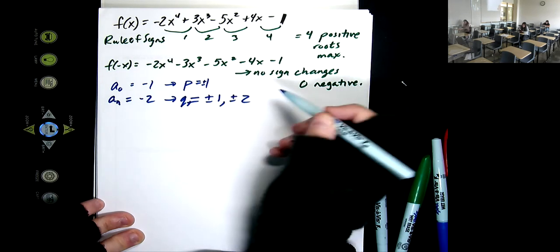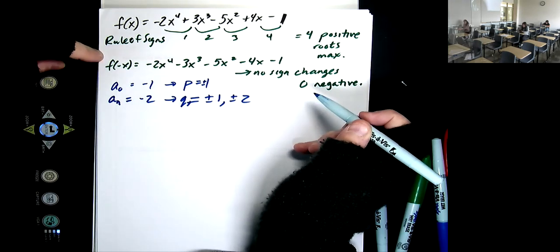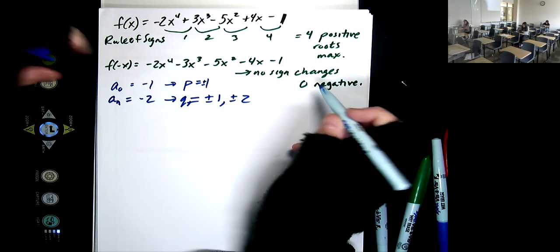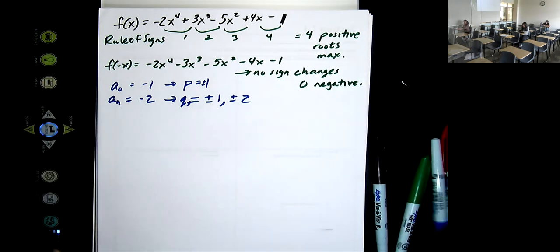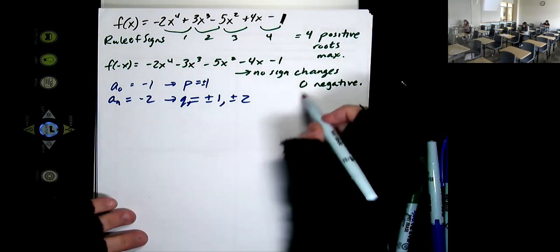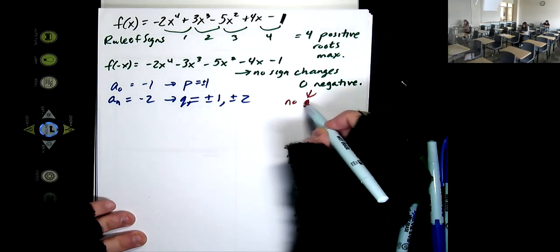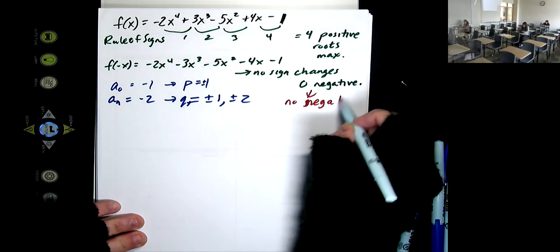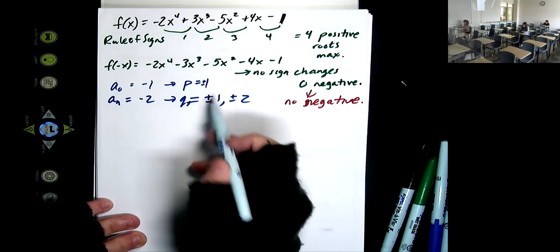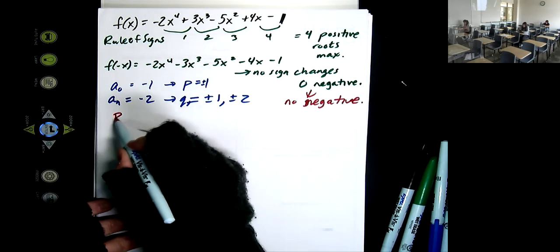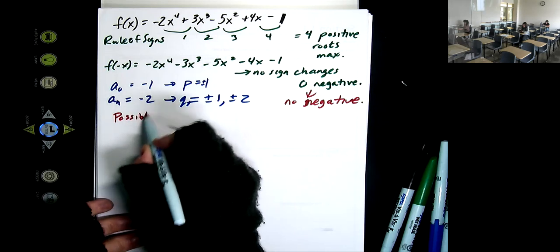Because those are possible values, but Descartes says no negatives. Which means I can have possible positive roots.